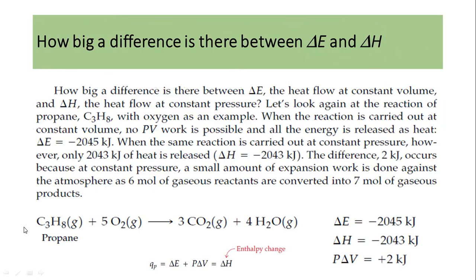In this example, propane reacts with oxygen, forming carbon dioxide and water. Actually, 1 mole of propane and 5 moles of oxygen, so there are 6 moles on the reactant side, forming 7 moles on the product side. So a little bit of expansion is happening over here.